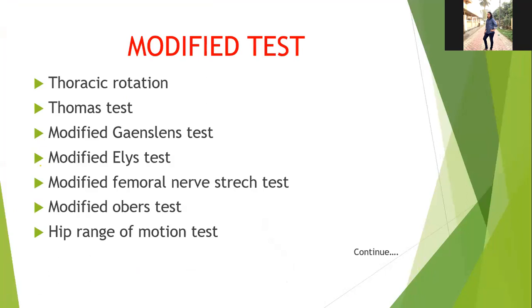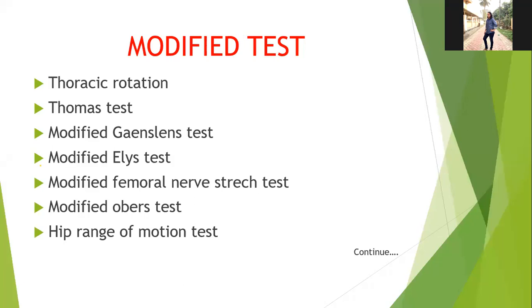I have mentioned them in this modified test because these are called fast tests. Within 3 minutes, you will be able to identify much of what you want to see in the patient. Instead of changing the position of the patient again and again, we can do them in one position only. So first we have done the tests in sitting position.